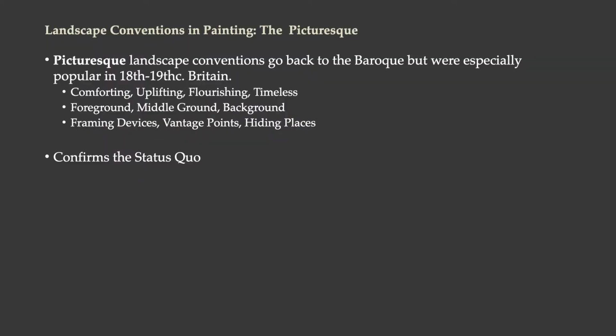And those are conventions of picturesque landscape painting. These conventions go back to the Baroque. They have been in place for a couple hundred years, but they were particularly popular in Constable's time, which happens to be the time of the rise of photography. These are the qualities of a picturesque landscape painting.